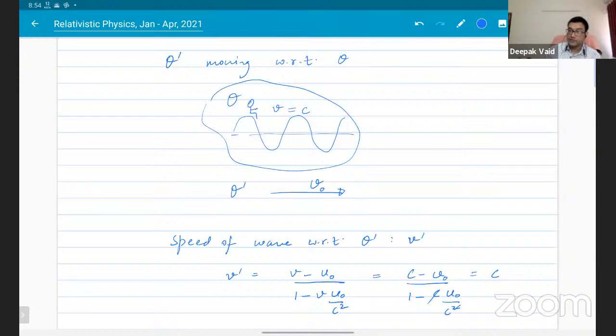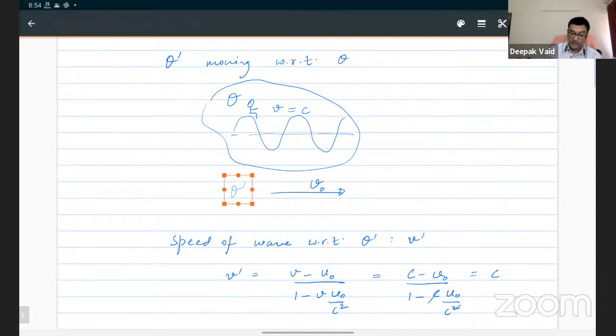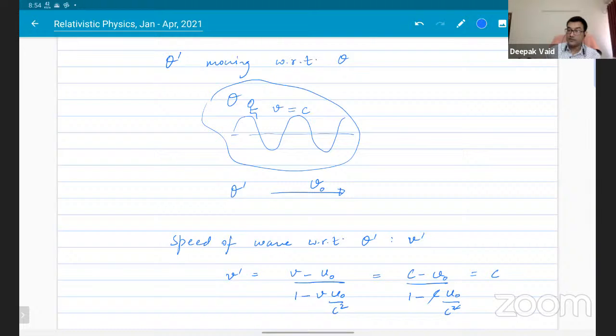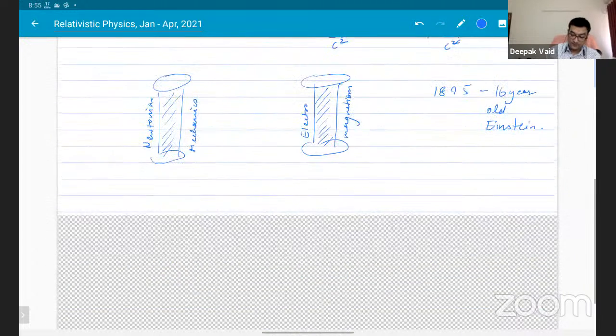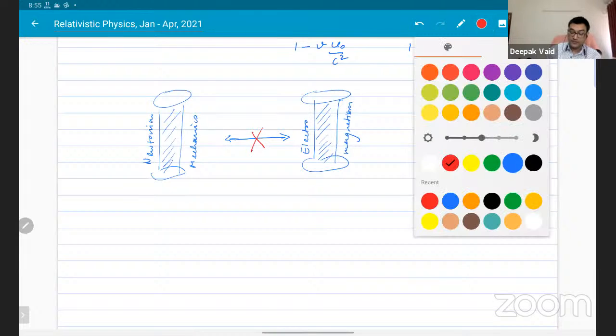So the Newtonian intuition was that if u naught is equal to c, then as seen by O prime, the wave would not be moving, it would be frozen. And this was the error. So mathematically, this leads to a conflict between these two pillars.